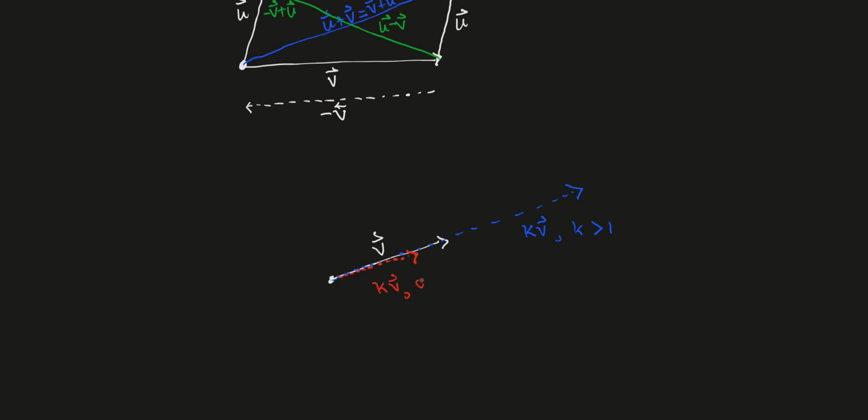So it would have to be a number strictly between 0 and 1. It could be like a third or 3/4 or a half. In order to produce the shortening effect, that scalar would have to be some number between 0 and 1.